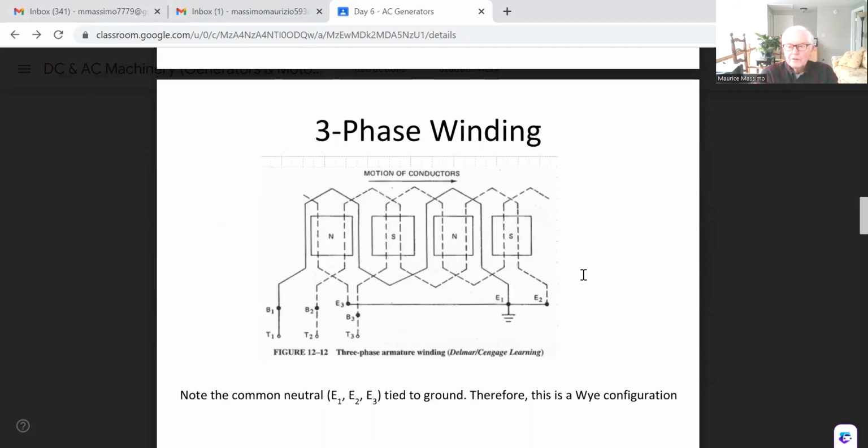Now, AC-wise, one of the most important things is we can have three-phase. Three-phase energy is the most efficient way to produce energy. Don't forget, when we're creating a generator, we've got to send out energy to houses and workplaces and a lot of factories. Those factories, in many instances, use three-phase, not single-phase AC.